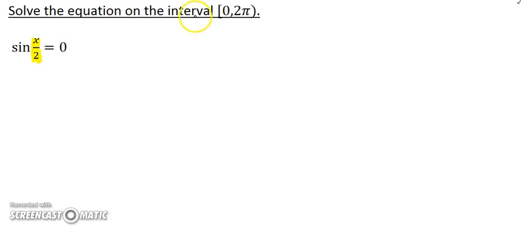Well, the basic idea is essentially the same, but I need to do a little bit of prep work mentally ahead of time. I'm going to find values where x over 2, where the sine of that equals 0. So I'm going to get some set. I don't know exactly what the numbers would be.